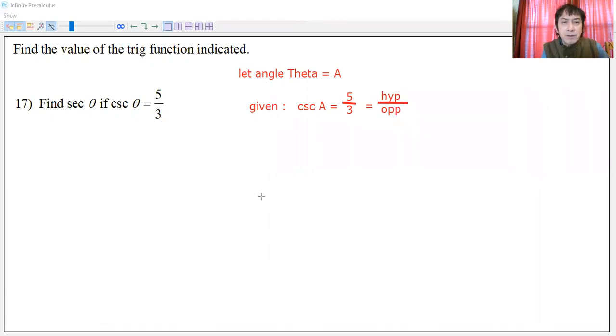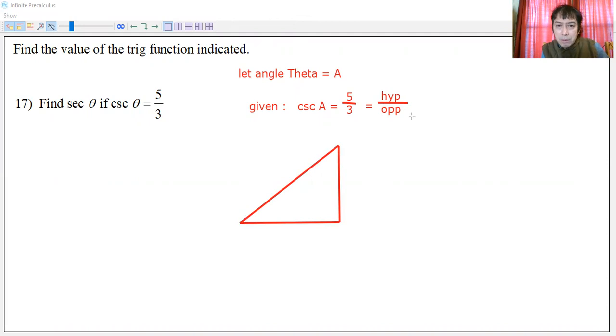So in our diagram, if we shall make one, then our diagram should be like this. We have the 5. This will be our triangle, like this.